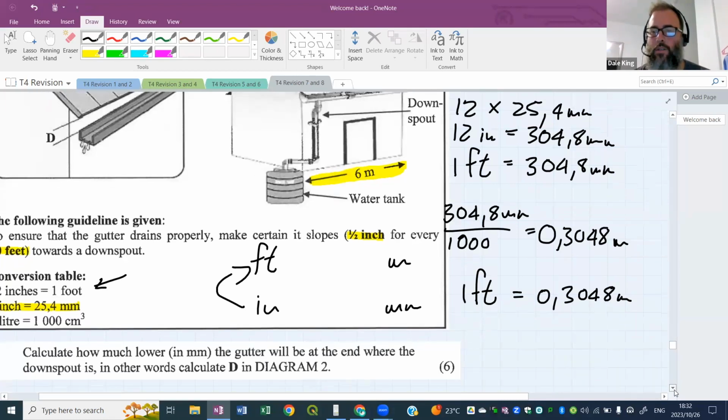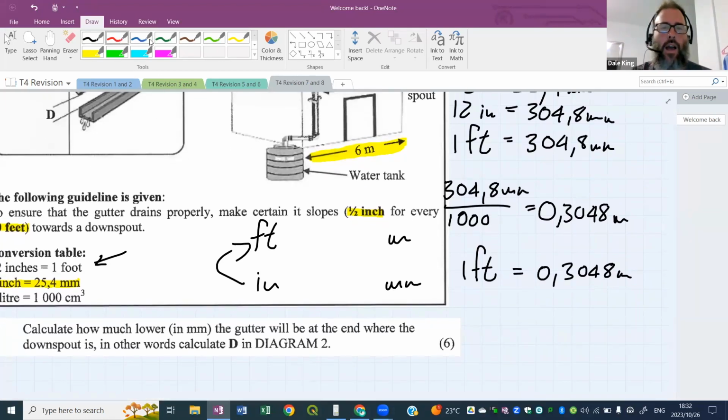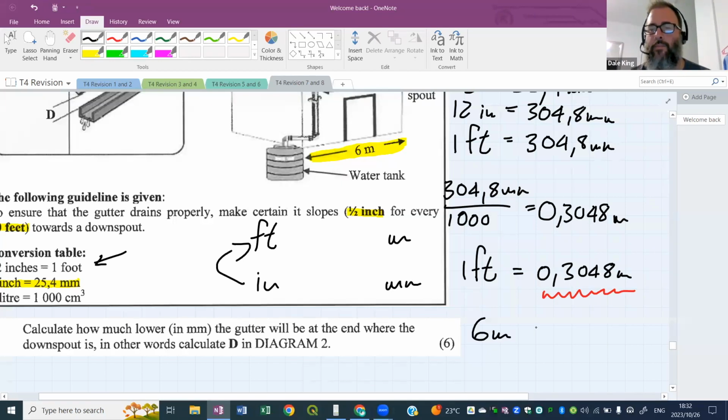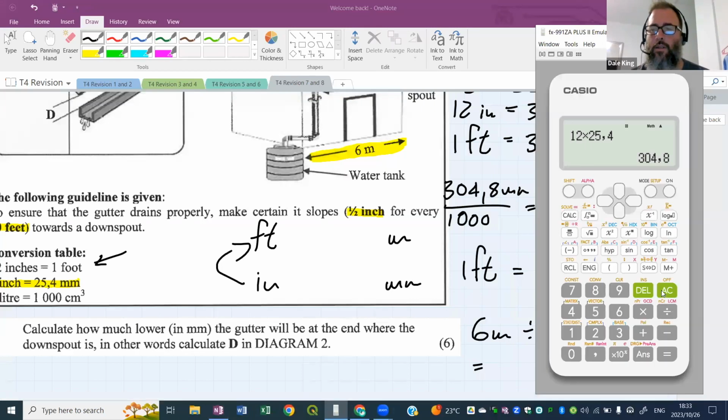So I'm going to say, how many of these 0,3048 pieces can I get out of my 6 meters? Take my 6 meters and cut it up into 0,3048 sections, because I know each one of those is a foot. So I'm going to say 6 divided by 0.3048, and I should have quite a few.